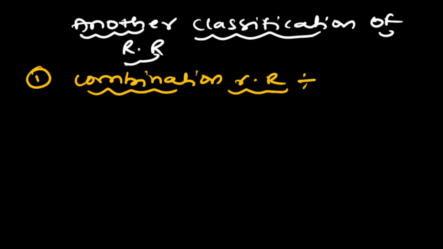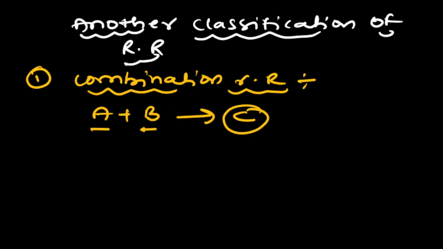Two or more molecules combine together to form a third. This is one molecule, this is a second molecule, combined together to form one third molecule, known as a combination reaction. Example, carbon plus O2 gives rise to CO2.